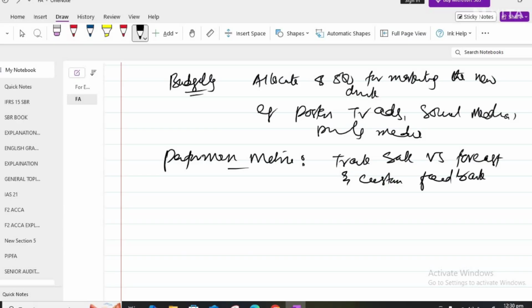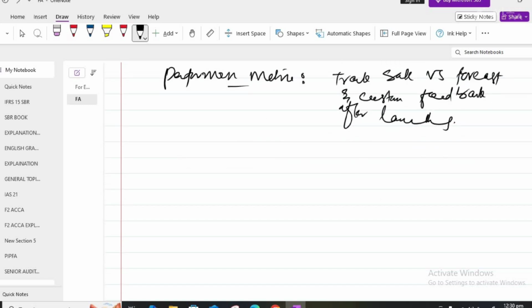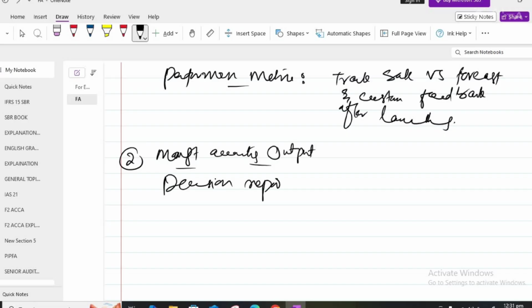Now, after performing this management accounting process, you will have the second step, and that will be your management accounting output. Clear? So this output is based on the data from the management accounting process, and in this output you will produce a decision report for the owner of the coffee shop, whether you are recommending the product to launch or not.